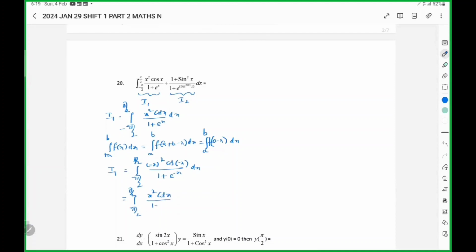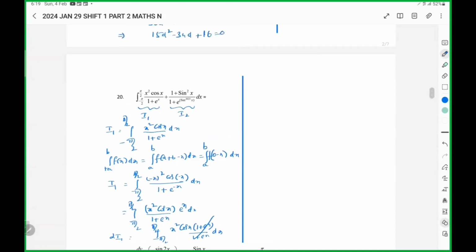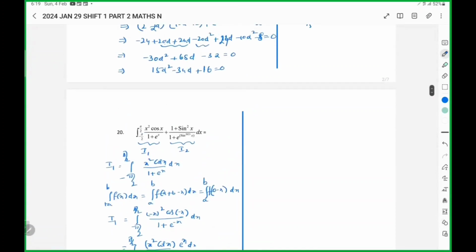After taking LCM and simplification, 2I1 will be, so x square cos x, 1 plus e power x by, so here minus pi by 2 to pi by 2 x square cos x dx, which is an even function.